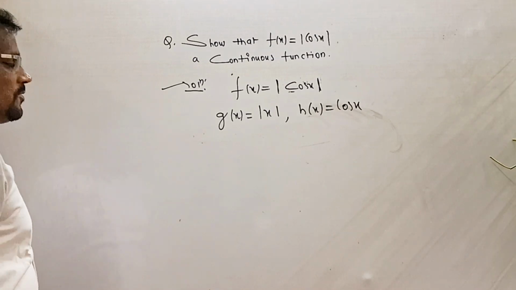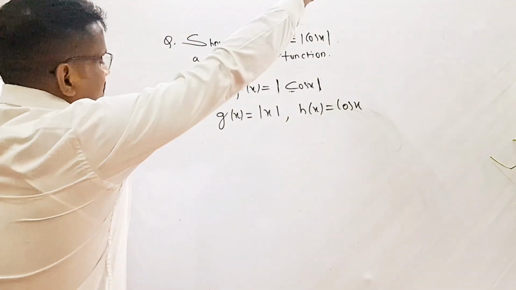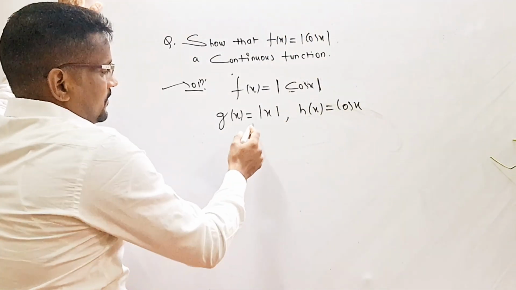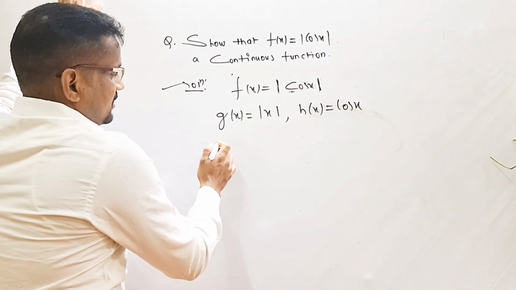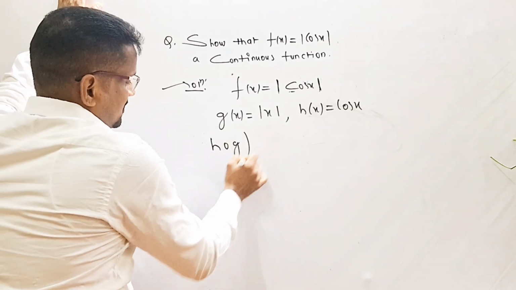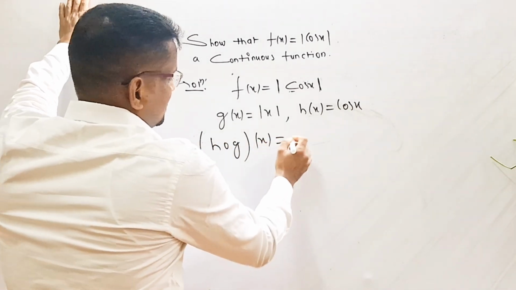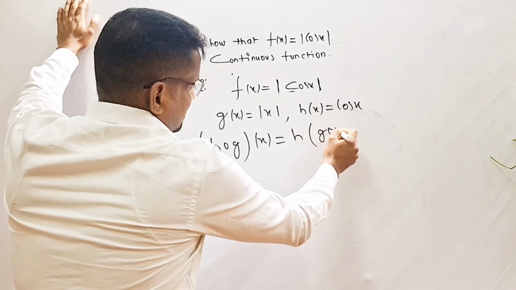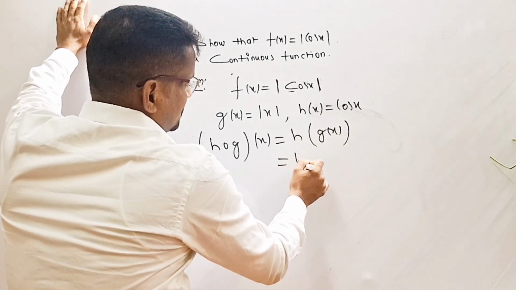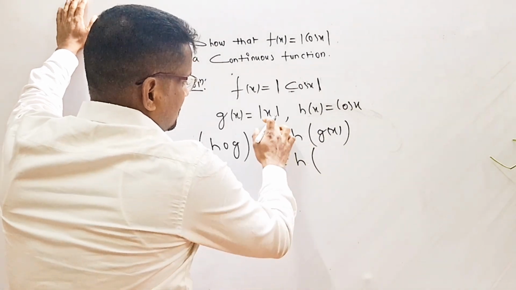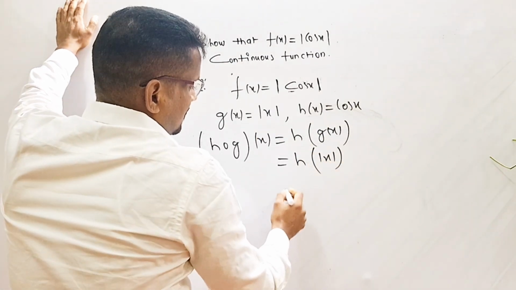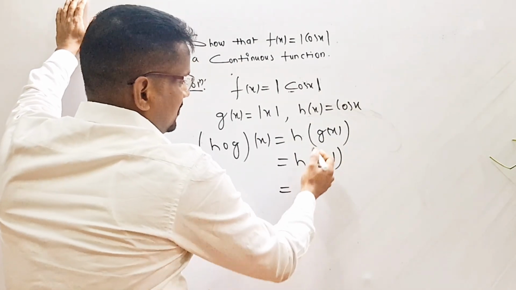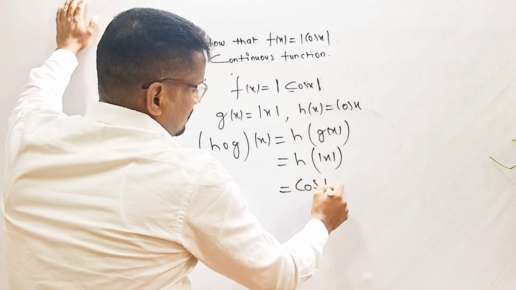So what we can do here, first of all, let us check (h∘g)(x). It equals h of g(x), which is h of modulus x, that is cos of modulus x.